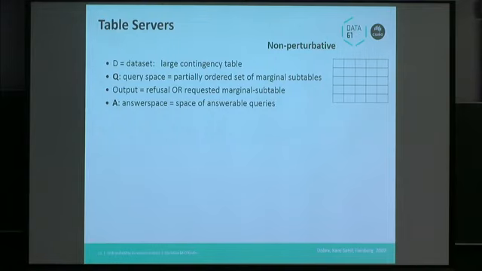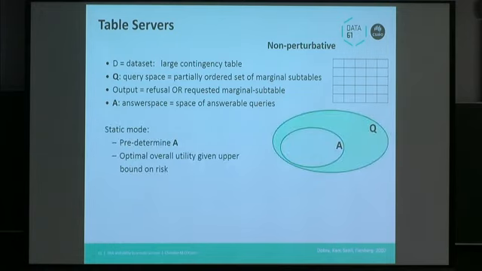And there's two modes in which you can do this. You can either use a static mode, so you can predetermine a set of answerable queries, and I guess you'd try to optimise this in some way, optimising overall utility under some measure, given an upper bound on risk. Okay, so what's the biggest set of tables you can give out?